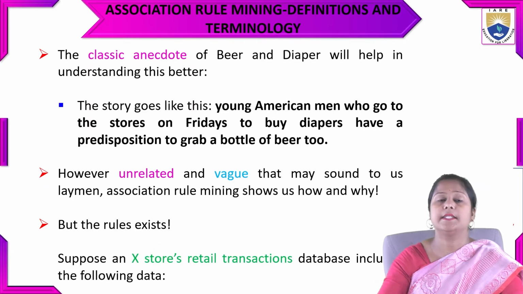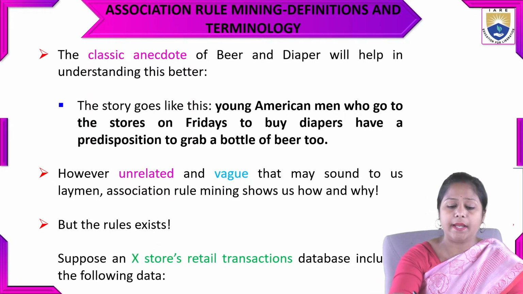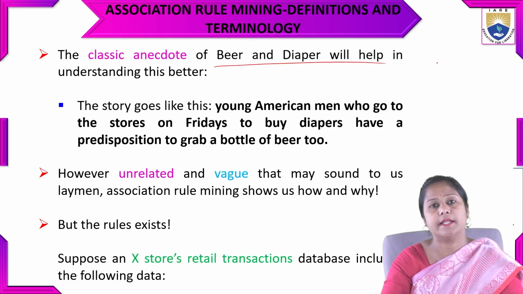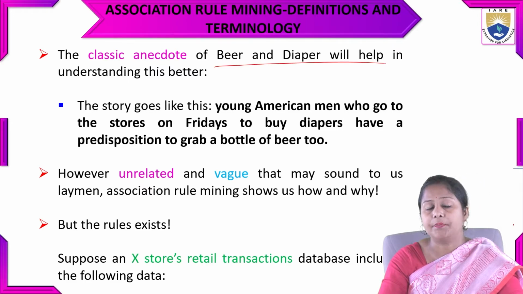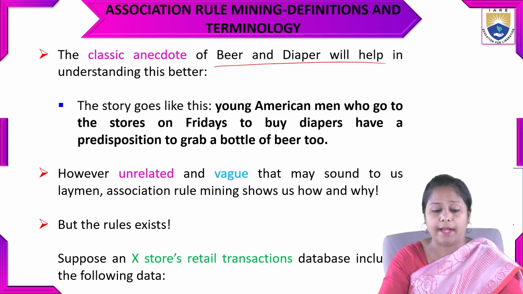Now the classic example of beer and diapers will help in understanding this better. But as we are very new to that business and industry, we couldn't understand the beer and diaper relationship.